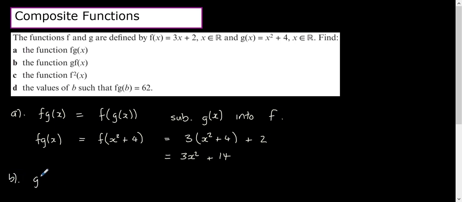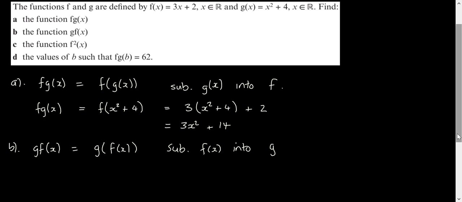Part B, we're going to do gf of x, which is g of f of x. And the technique is we're going to substitute f of x into our function g. So this time, gf of x is going to be g of 3x plus 2.